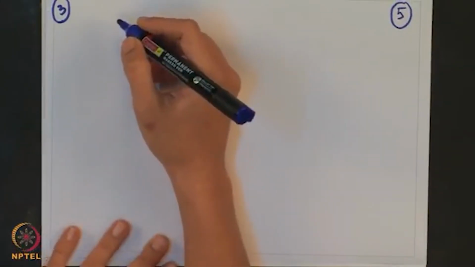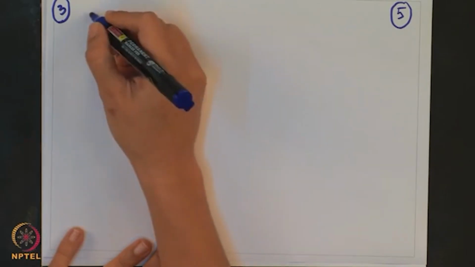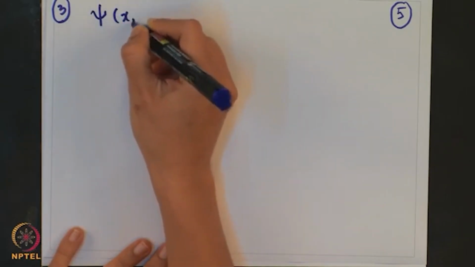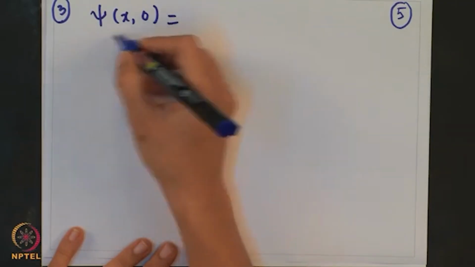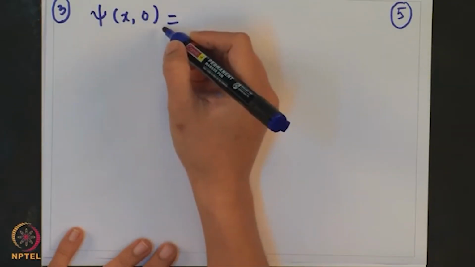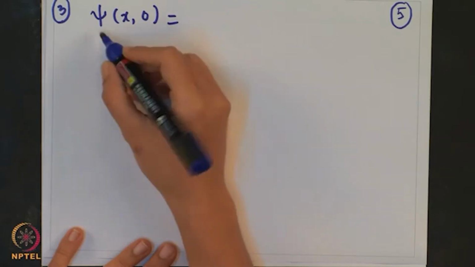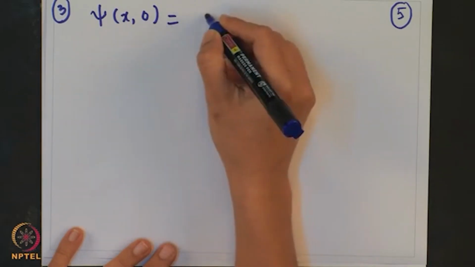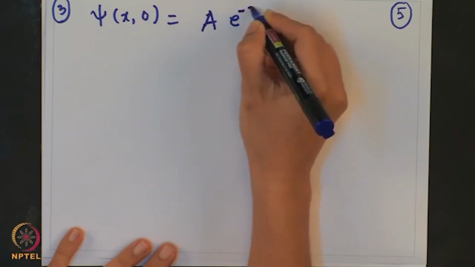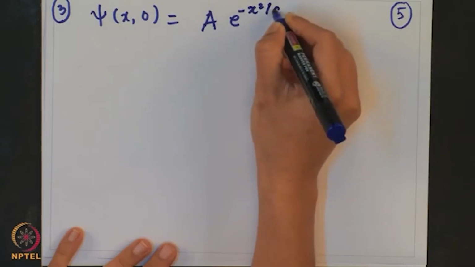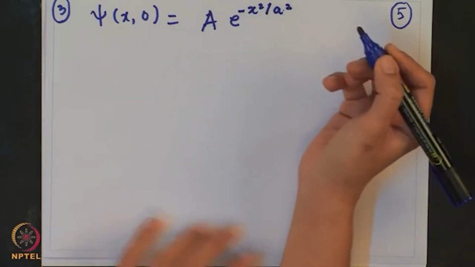This time dependent wave function we had simply calculated for a particle in one dimension. Now, here again you are given a wave function at time zero, because I have psi of x comma 0, which is A e raised to minus x square upon a square.